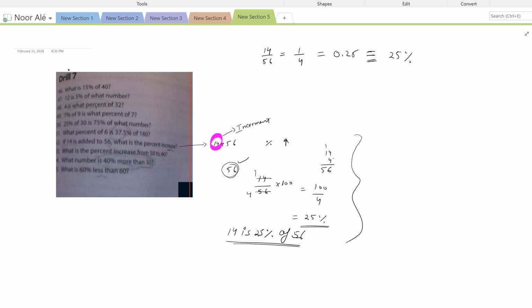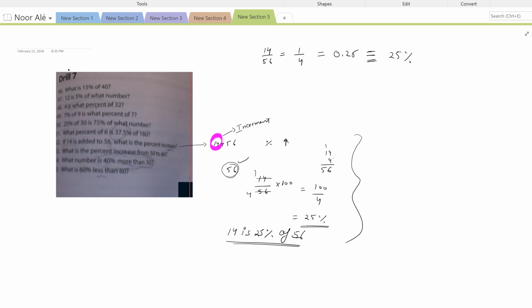So that was the increment, it's not like I'm saying it's 114%. No, no, don't think that way. It's the 14 over the old 56, right? Because 14 is adding up to the previous value.